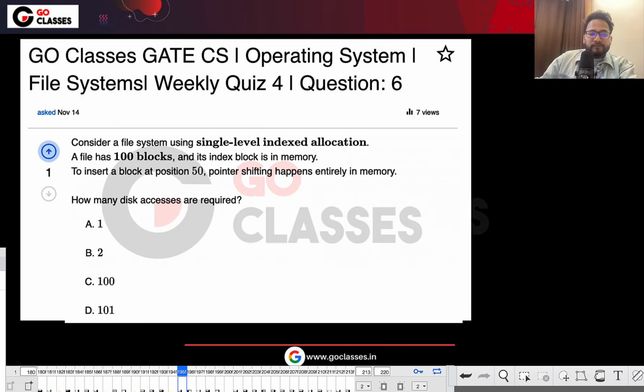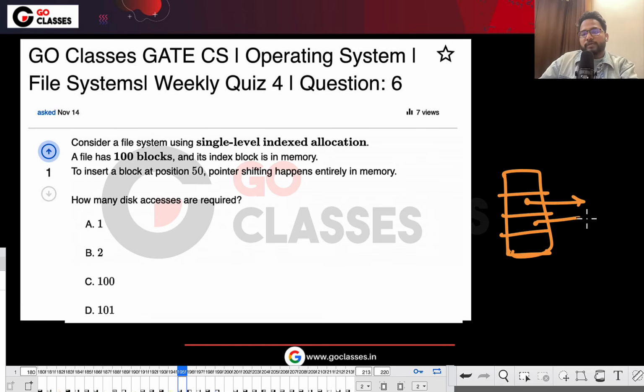Now let's see this question. In this question they are saying that you again want to insert after 50, but you are having an inode. If you are having an inode, with index to first, index to second, index to third, and so on, what will happen? Tell me. You obviously have to write one new block, and then you have to modify all of these pointers.